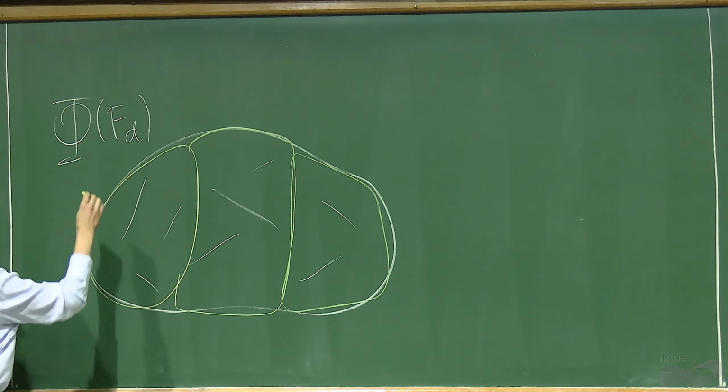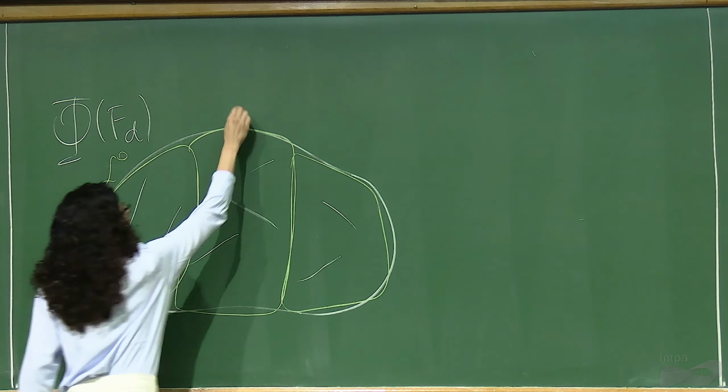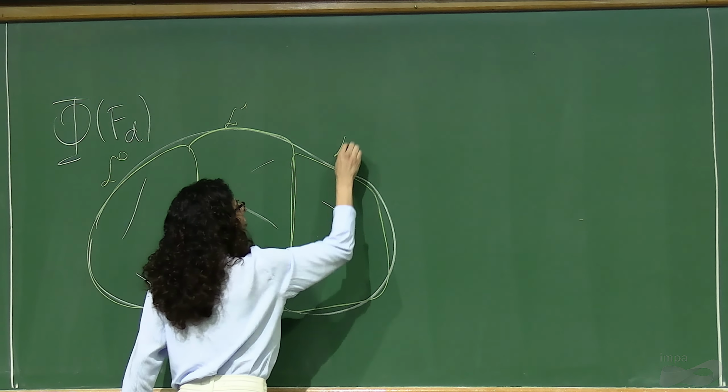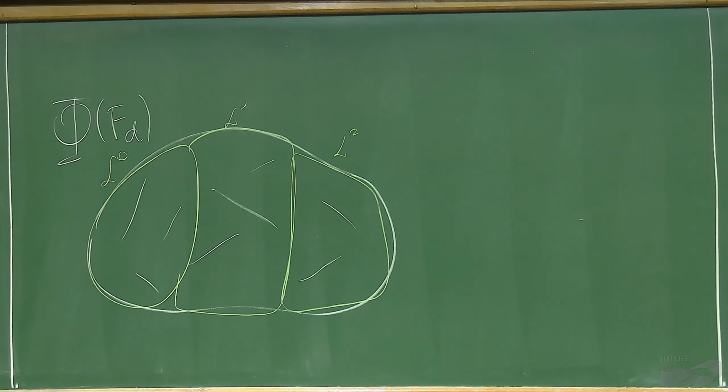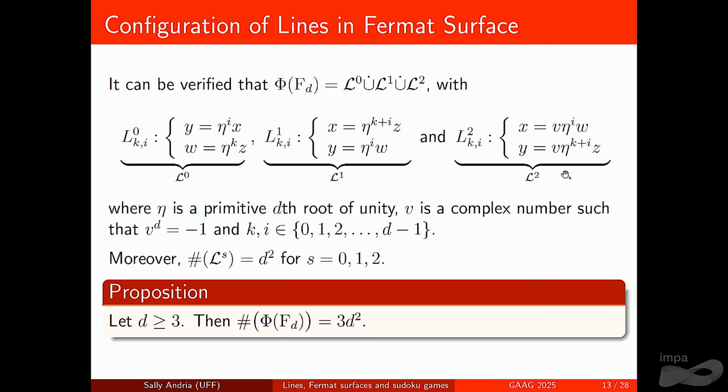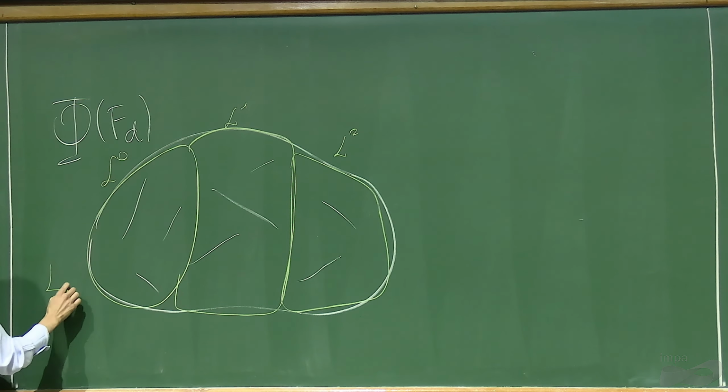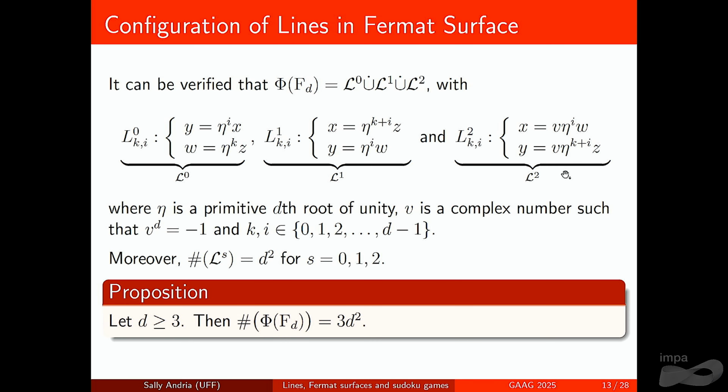And we name them L0, L1, L2. And as I told you before, we can describe the lines in this family by their equations. And we have lines here. And we need this index that helps us to identify those lines.